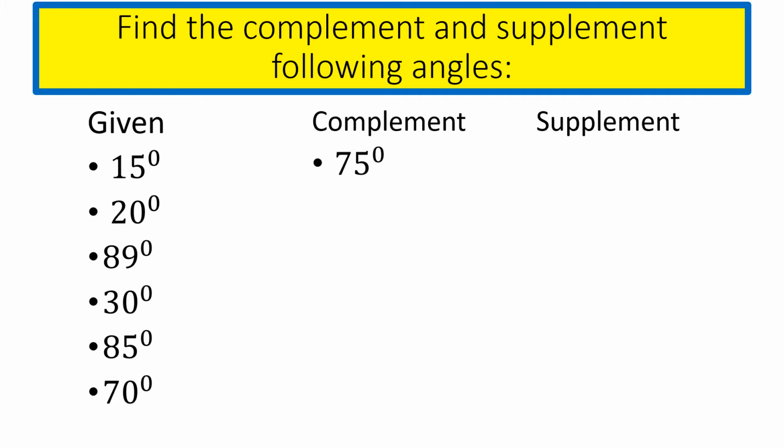The answer is 75 degrees. For 20, that is 70. For 89, to make it 90, that is 1. For 30, that is 60. For 85, that is 5. And for 70, the missing is 20. So 70 plus 20 is 90.